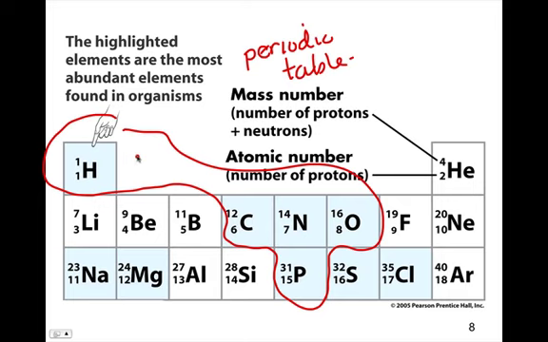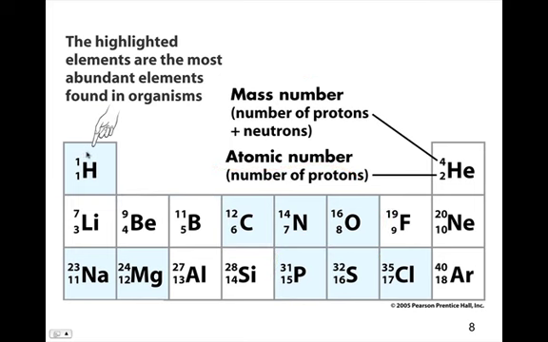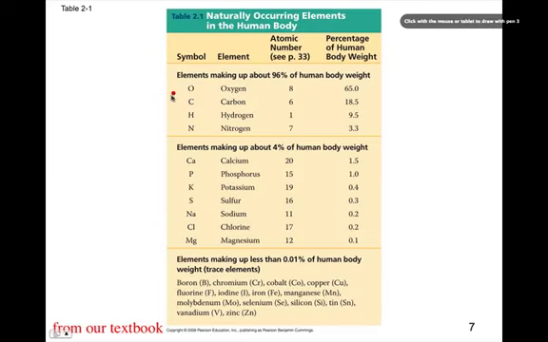If you look at any bacteria, it has mostly these, over and over again. A protein is made up of thousands of atoms, and probably 98% of them are one of those five.